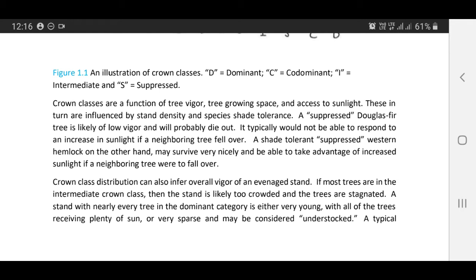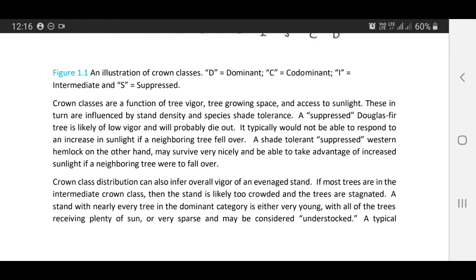It typically would not be able to respond to an increase in sunlight if a neighboring tree were to fall over. Now a shade tolerant suppressed western hemlock. This is another tree, that is western hemlock. It is shade tolerant, and on the other hand may survive very nicely and be able to take advantage of increased sunlight if a neighboring tree were to fall over.